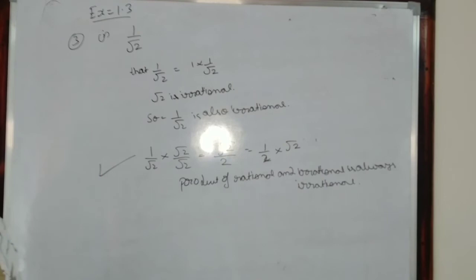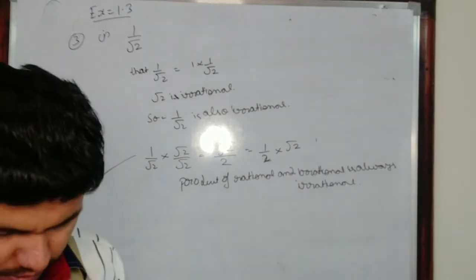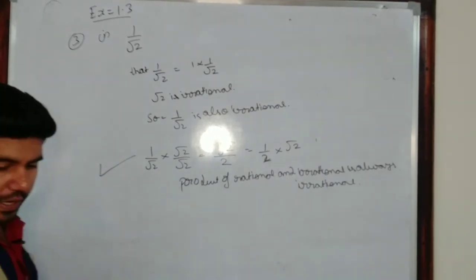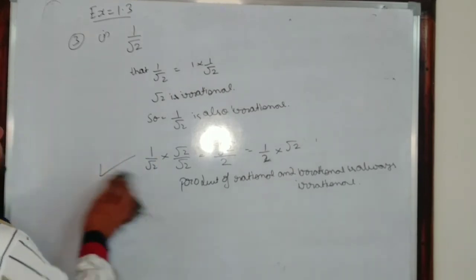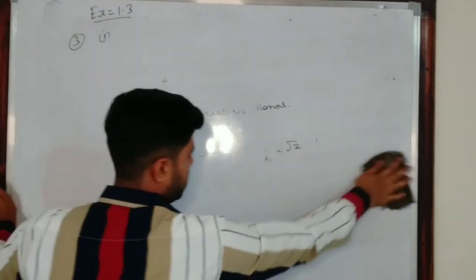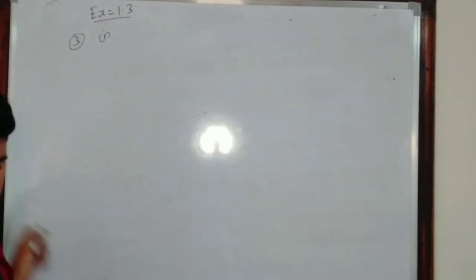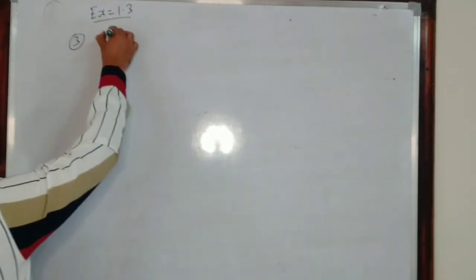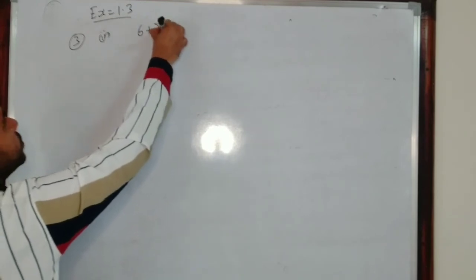Next, move on to the other question: prove that 6 plus root 2 is irrational. Third part, 6 plus root 2 is irrational.